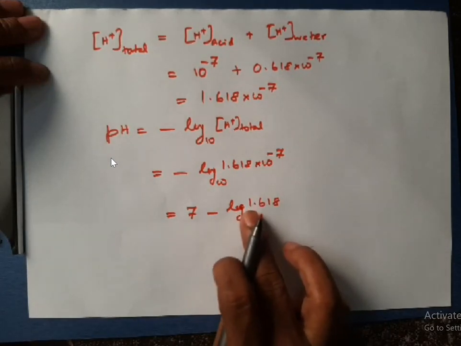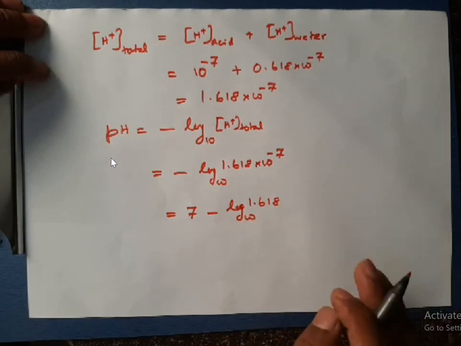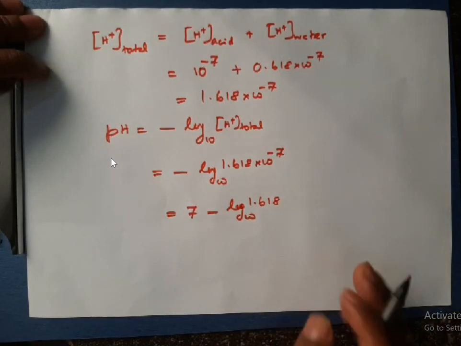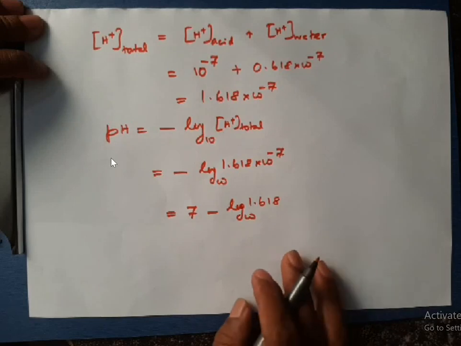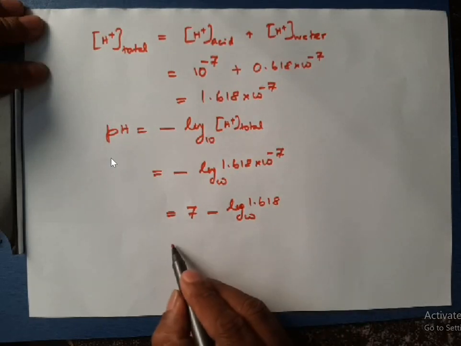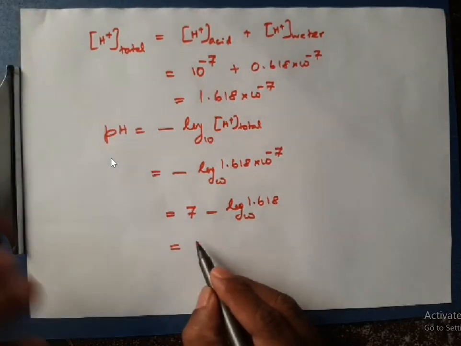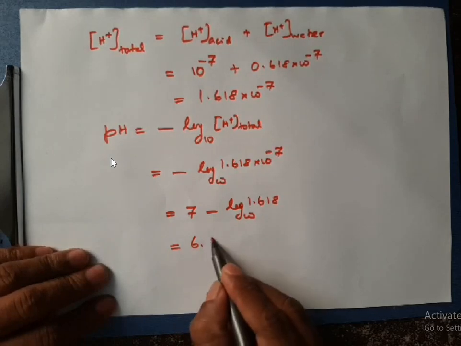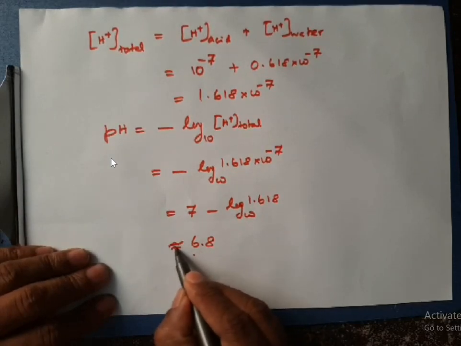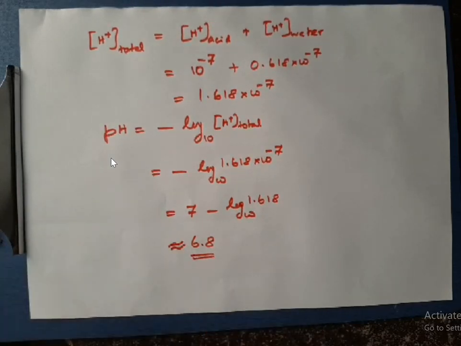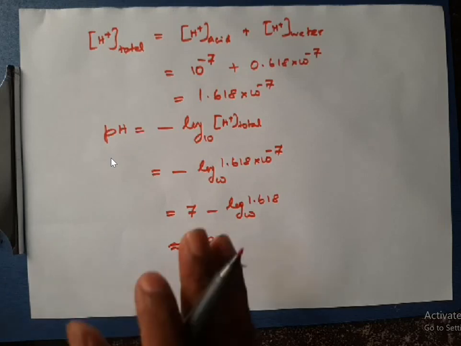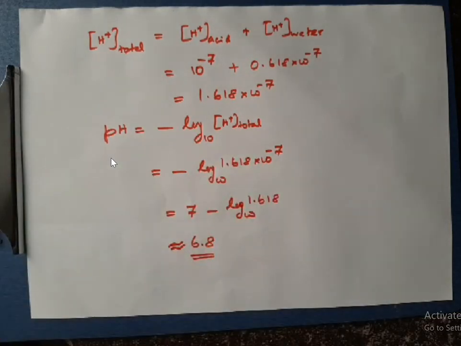So log 1.618 is roughly 0.02 or 0.03. The value will be 6 point something, close to 6.8, roughly. So you can calculate the pH for a dilute solution using this idea.